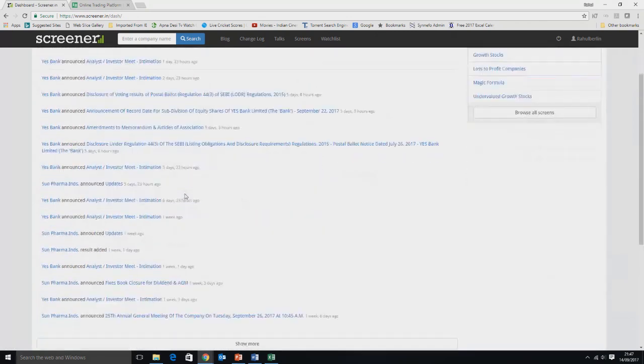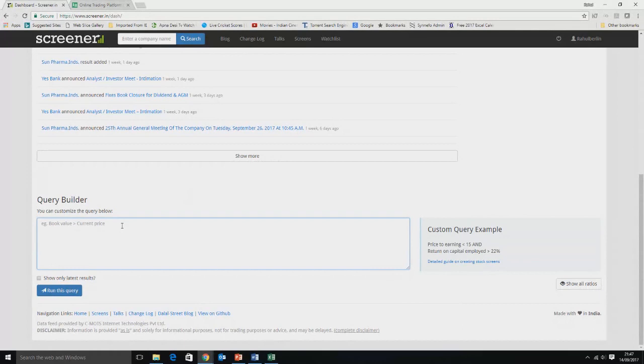So in this screener, on the bottom, you have this query builder, right? So let's put some query. Say EPS should be greater than 20. Earnings per share should be greater than 20.